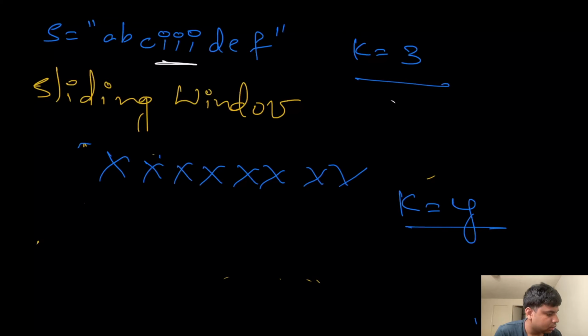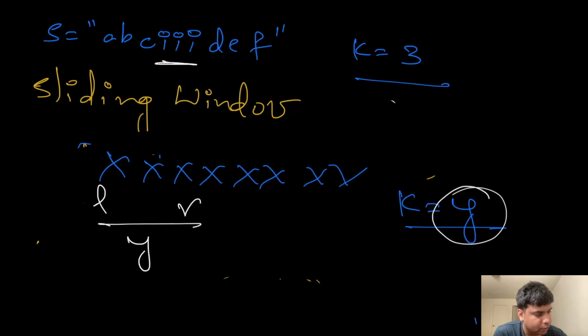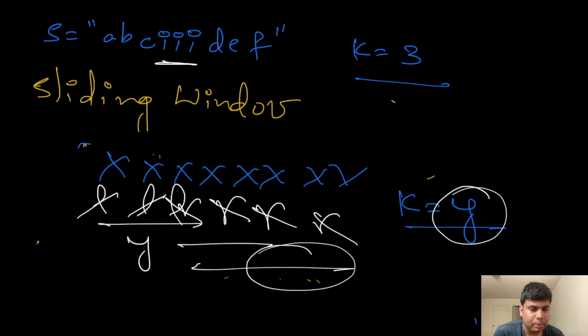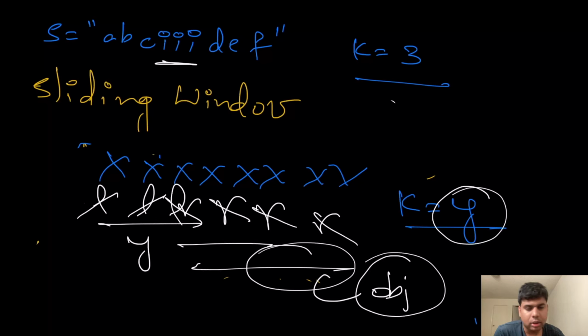So given something like this, the way sliding window works is, initially we will take a window of size k, y, which is given here. And then we just keep sliding it. R will come here, L will come here, R will come here, L will come here. Keep sliding it till the end. And then what they would have in the problem, they would have given you some objective. Just do that objective. In this problem, what is the objective?